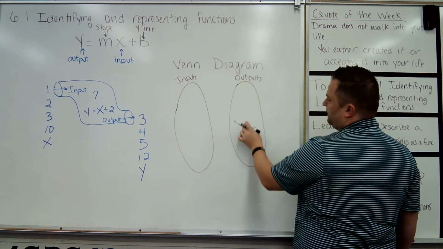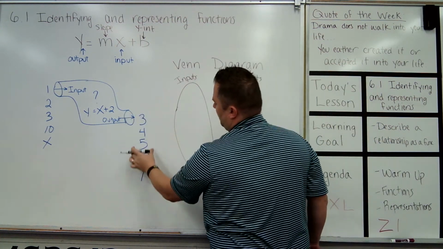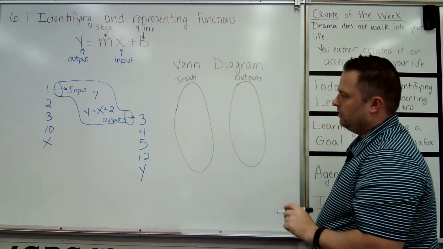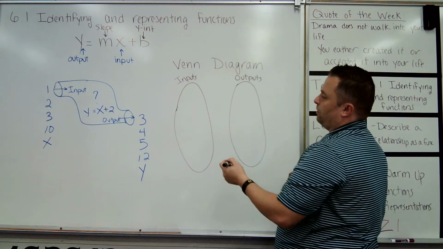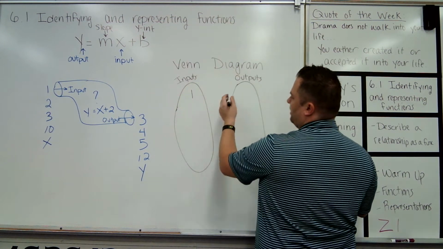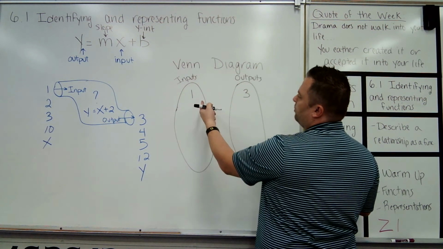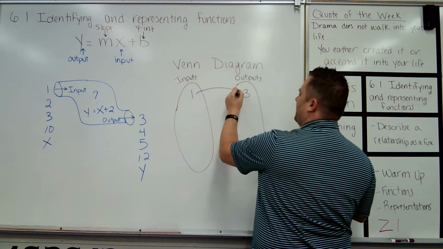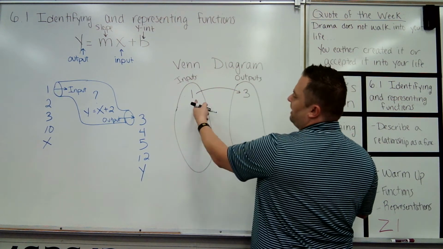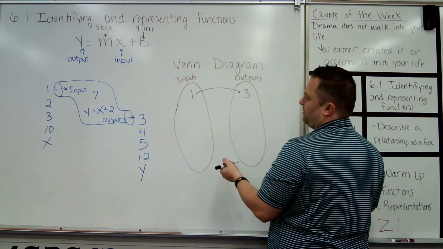All the numbers in here would be all of the numbers that would come out of my machine. So for example, when I put in a 1, out came a 3. So in this Venn diagram, when I put in 1, I would show with an arrow pointing to the 3. This would indicate that when I put in a 1, out came a 3.